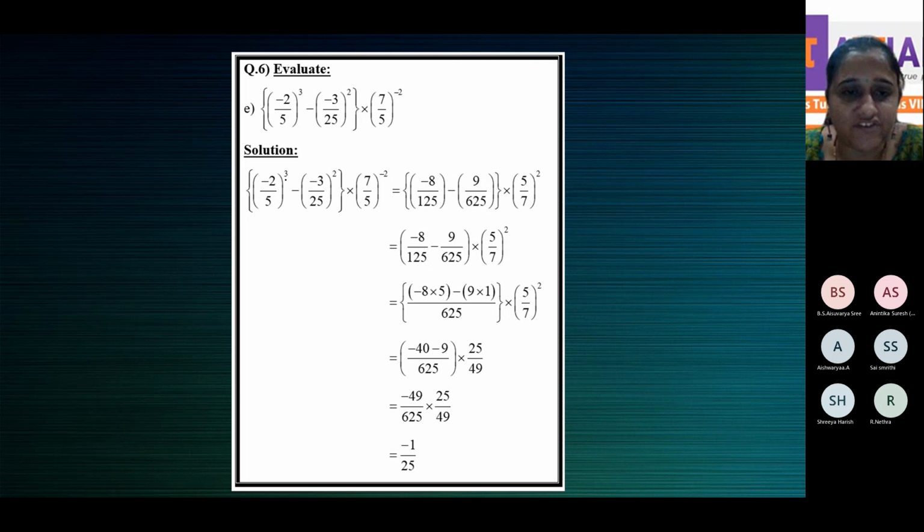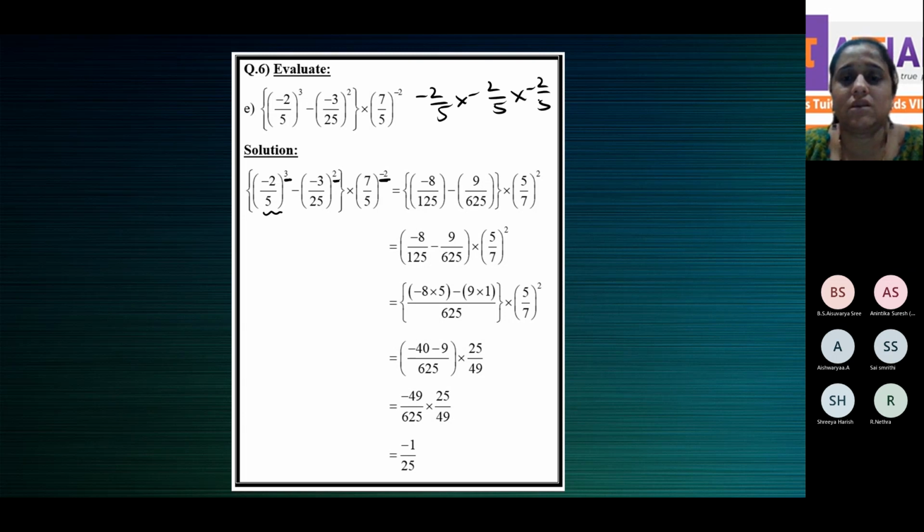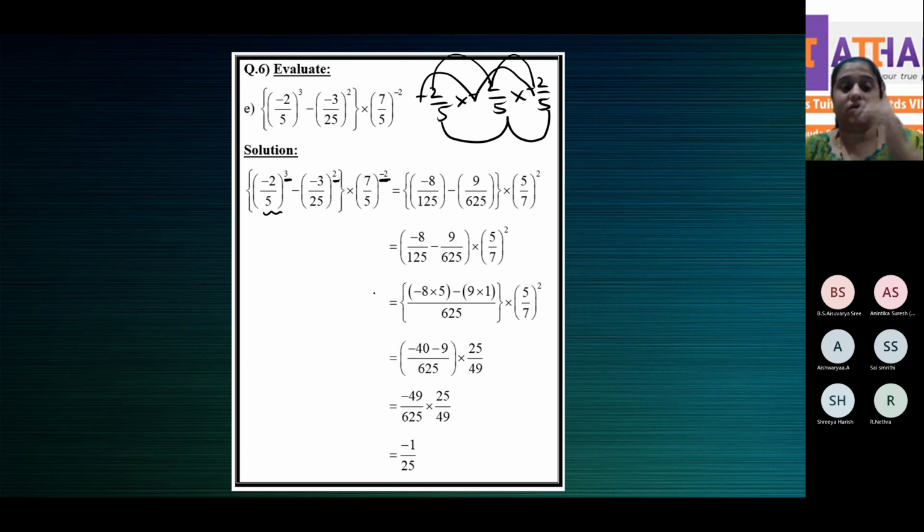So here when we check power positive, power negative. The power is positive here. So this is nothing but minus 2 by 5 multiplied with itself 3 times. 2 to the 4, 4 to the 8, 25, 125. So 8 by 125, and minus happens 3 times, so it's minus 8 by 125.